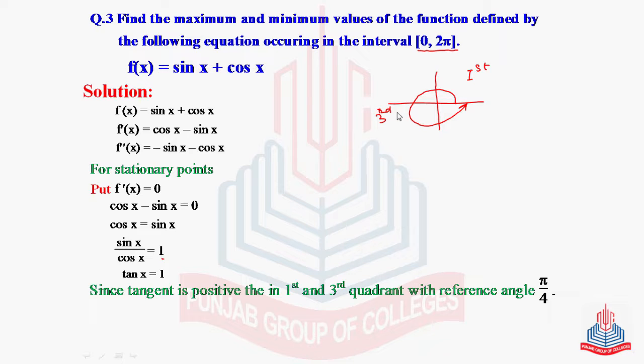This is actually a trigonometric equation, and we already know how to solve it, as we discussed in our first year. To find the value of x, we have a reference angle pi by 4. So x is equal to pi by 4, which is in the first quadrant, and to find the value in the third quadrant, we have x is equal to pi plus pi by 4, which is 5 pi by 4. So we have two values, one is pi by 4 and the other is 5 pi by 4.